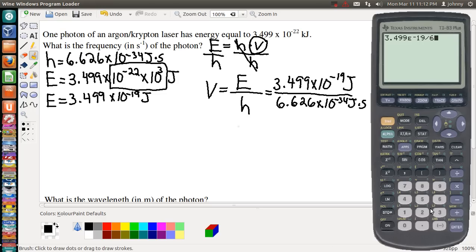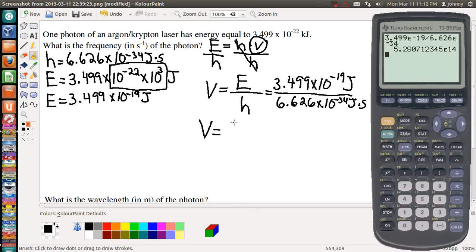Planck's constant, 6.626 times 10 to the negative 34. Now press enter. And here is my frequency. My frequency up to 4 sig figs is going to be 5.28. At first I want to write 0, but look to the right of the 0. There's a 7, so that's going to be a 1.